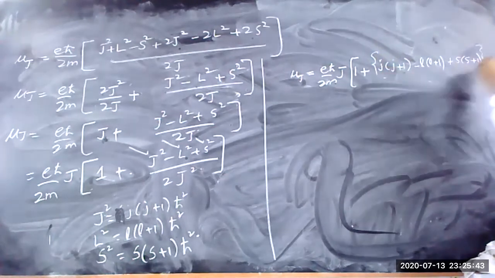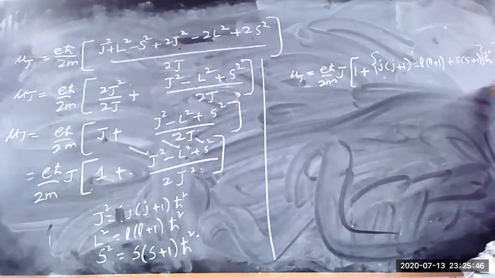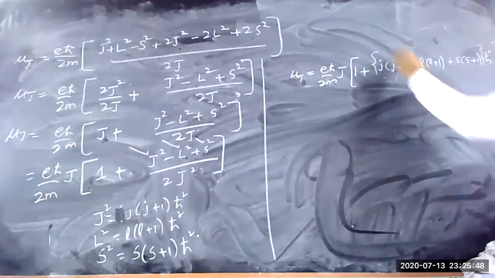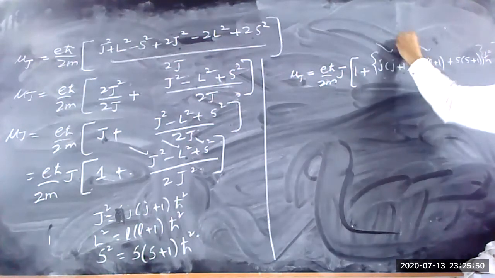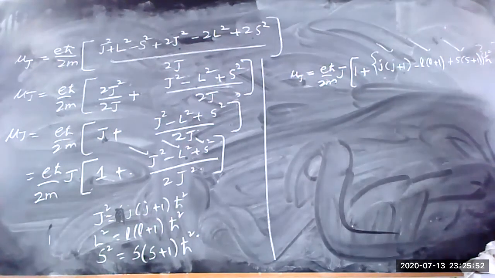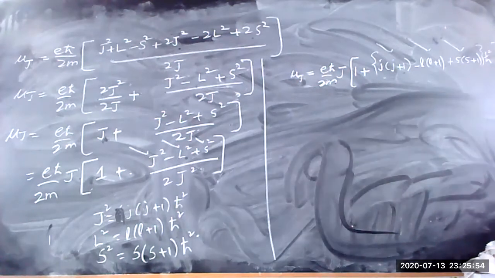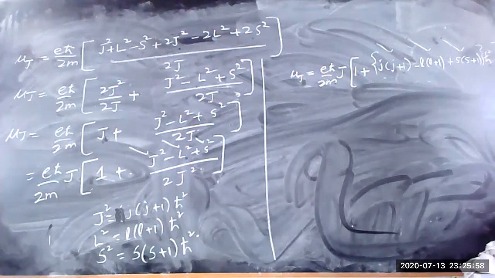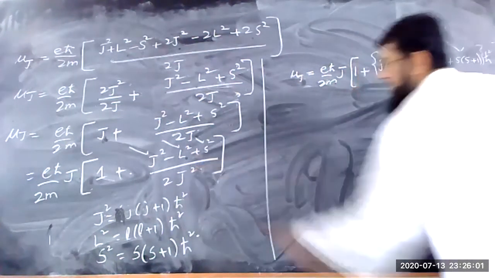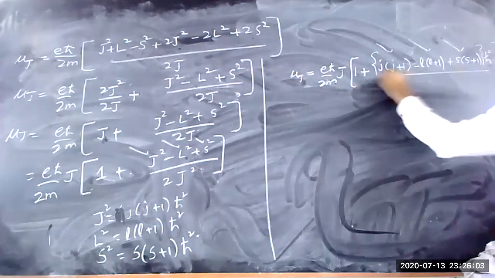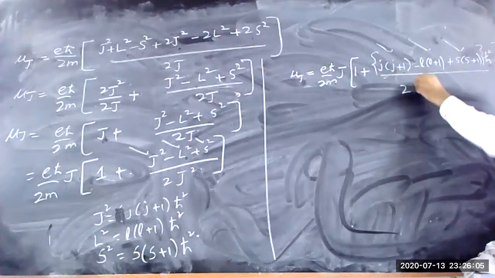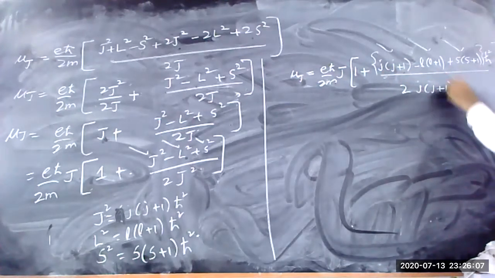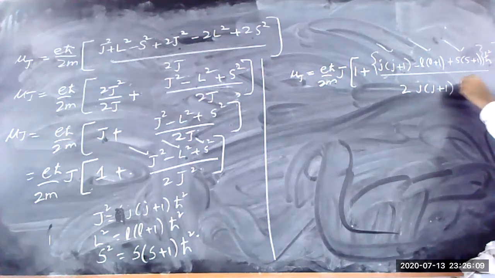Here h cut square is common in all three factors, which is taken out. Similarly, in the denominator we have 2J square, which means 2J into J plus 1 with h cut square.